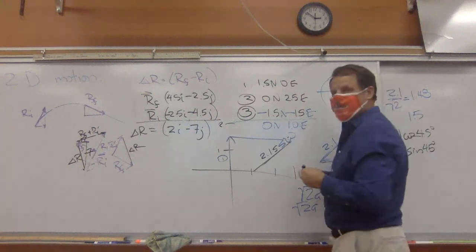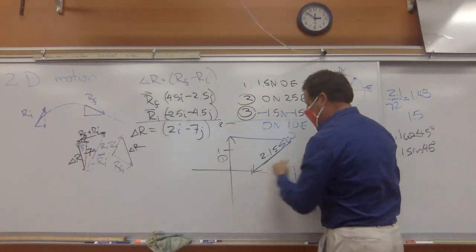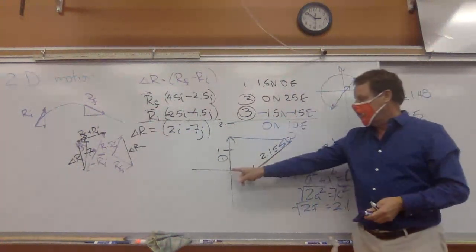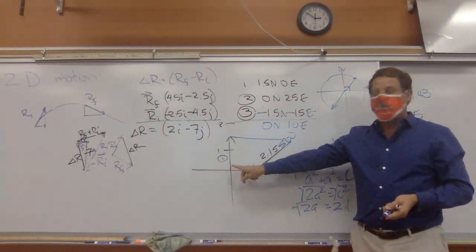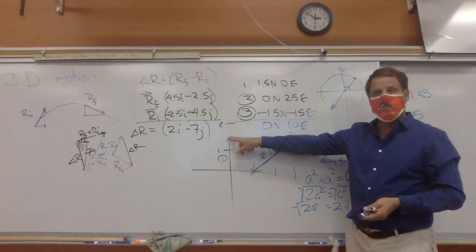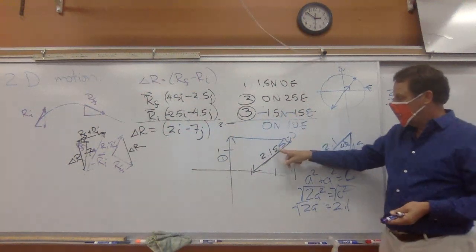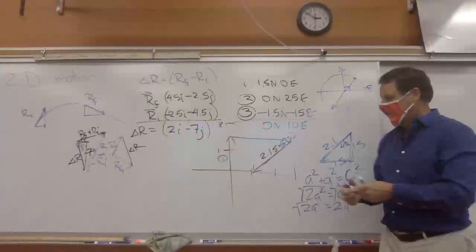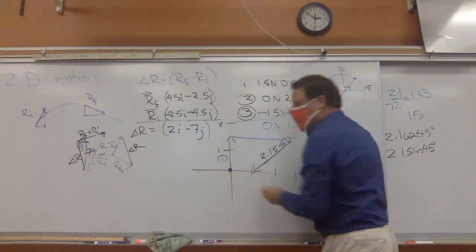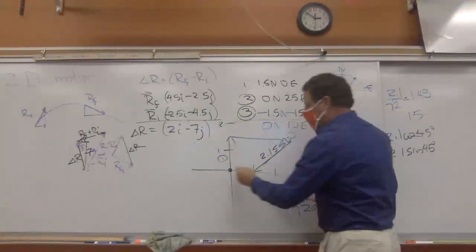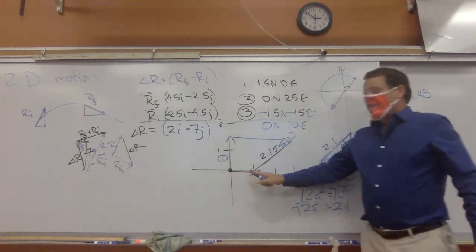Now, if we looked at this graphically, and again, this graph is not very precise here, I went north 1.5, I went east 2.5, and then I went 2.1 to the southwest. How far am I away from my original starting point?